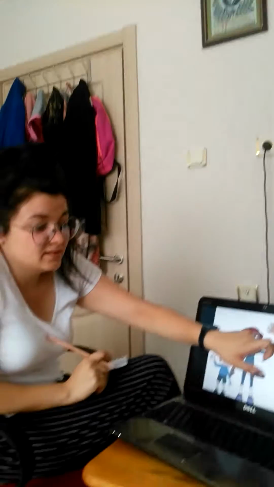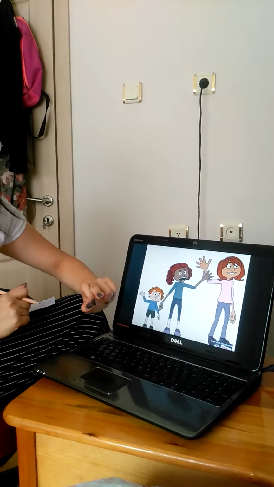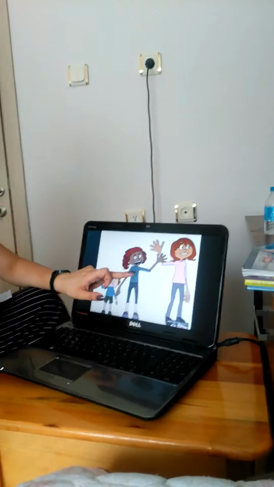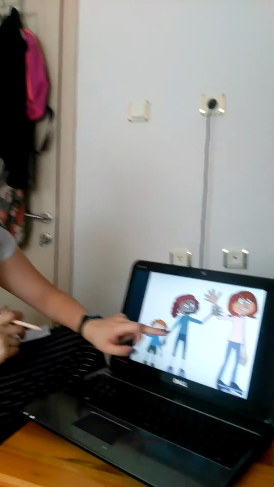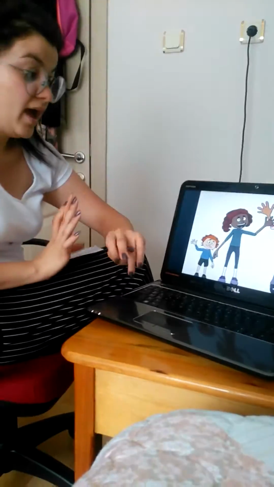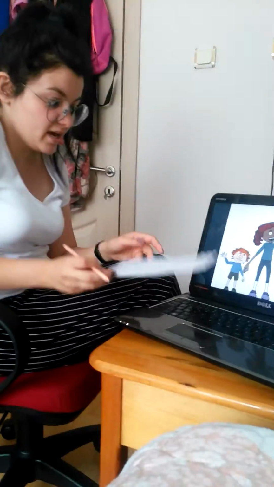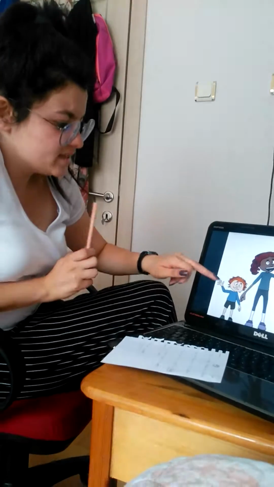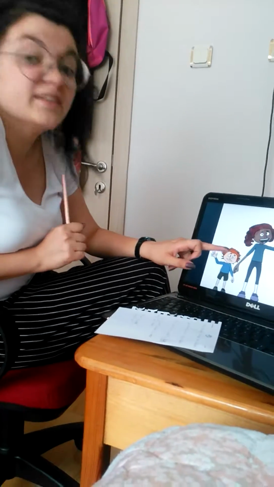And now, person C is taller than person B. The person B is smaller than person C. And we can say he has got lighter skin.